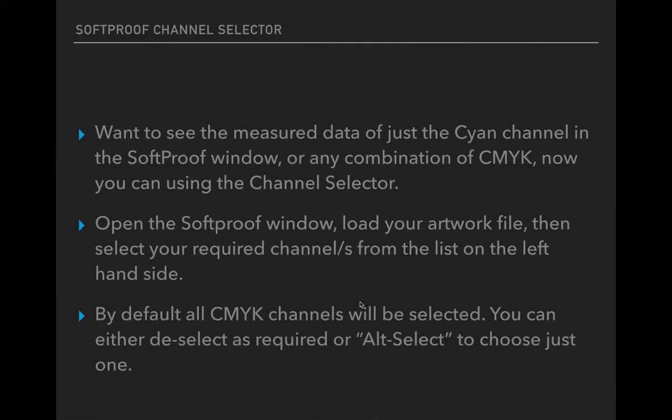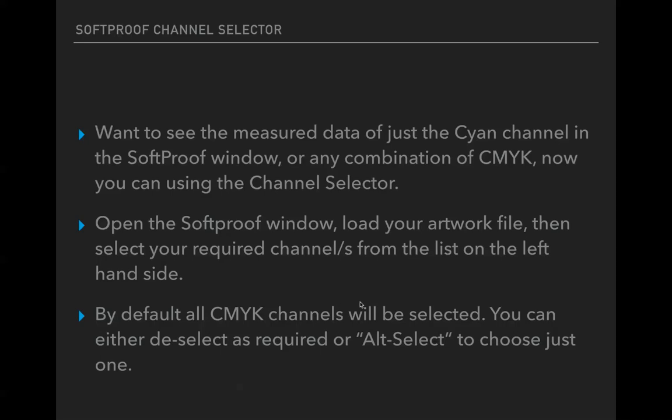The softproof view only shows a CMYK rendition of your artwork, so spot colors are rendered into CMYK for viewing purposes. We're looking at support of spot colors in the softproof window for version 10, possibly, but at the moment it's just a CMYK rendition if you've got spot colors in there.